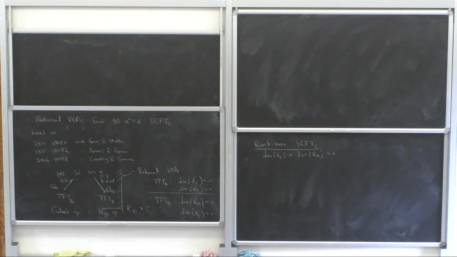In 3D N=4 theories, we also believe that there does not exist any Lagrangian interacting 3D N=4 rank 0 SCFTs. Okay? So we believe that abelian theories with BF terms probably flow down to trivial theories, I guess.